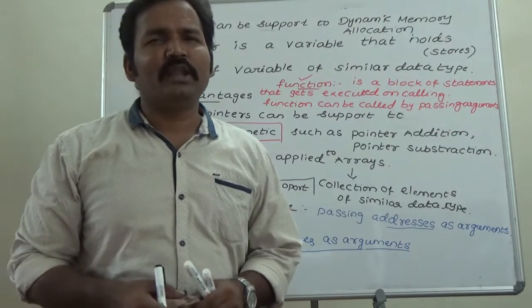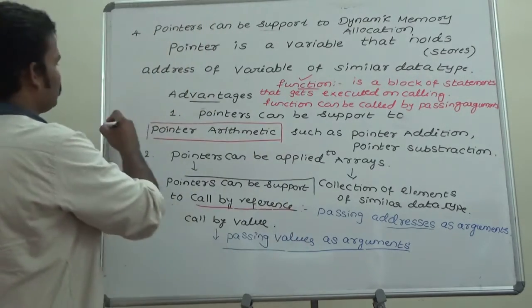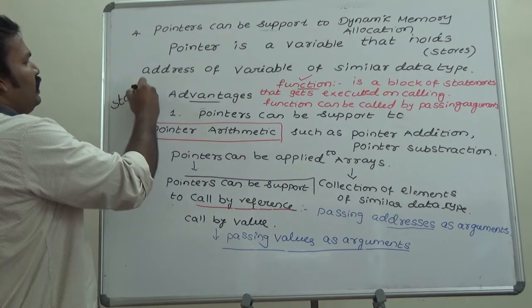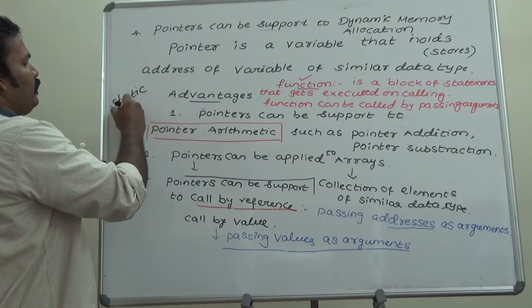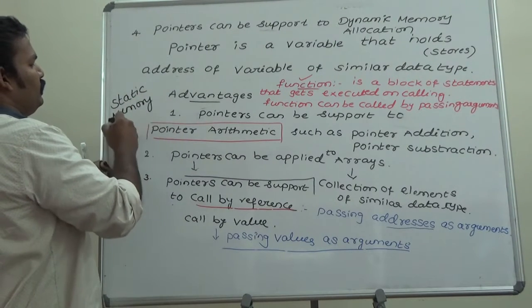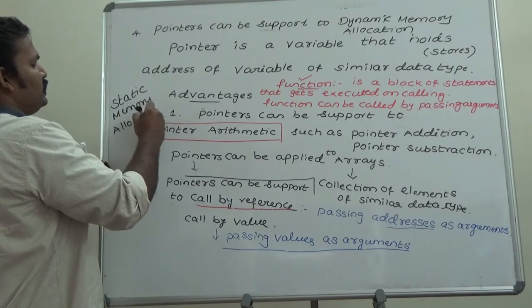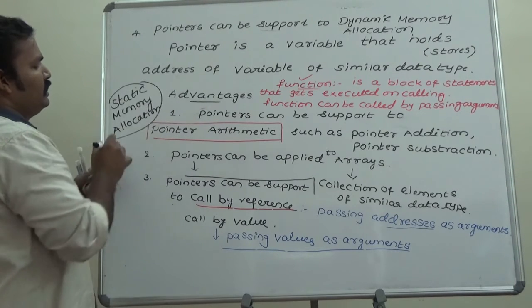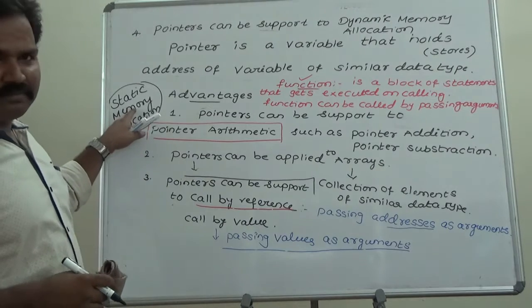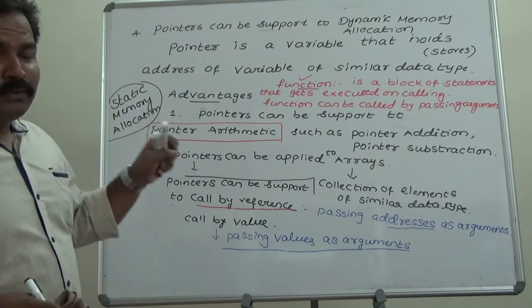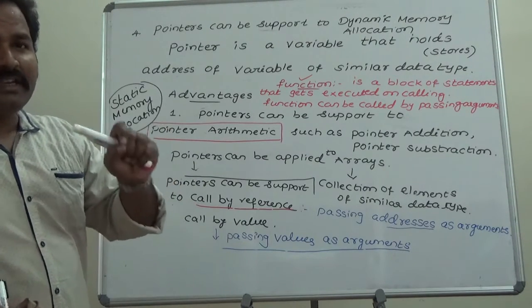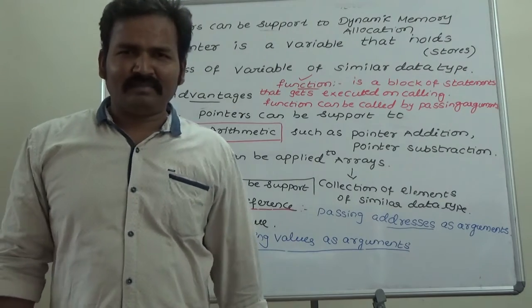What is static memory allocation? Static memory allocation means allocating memory to variables at compile time.